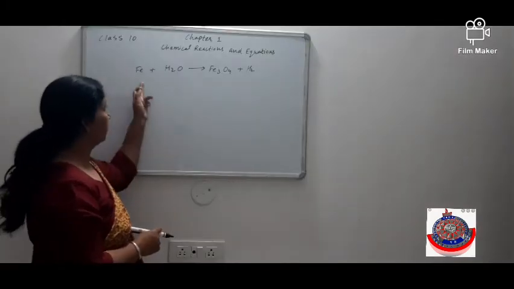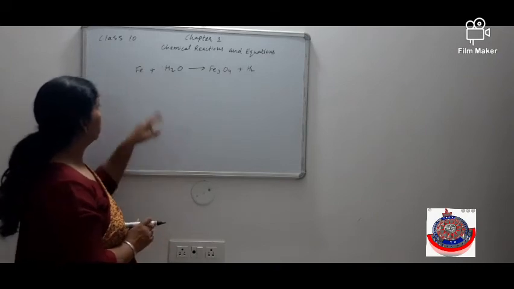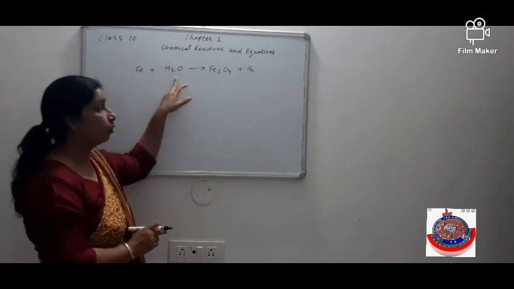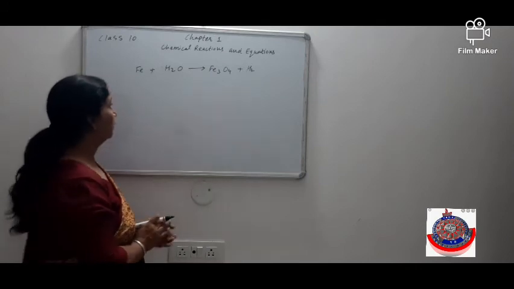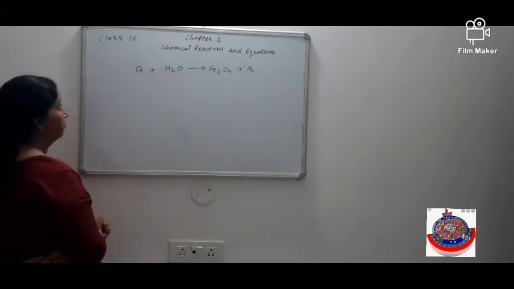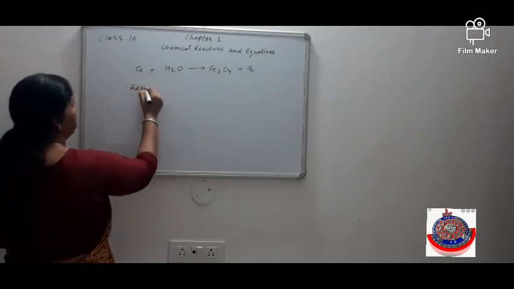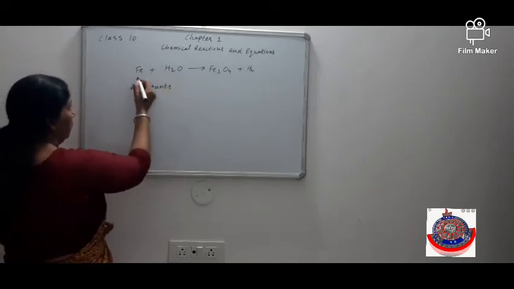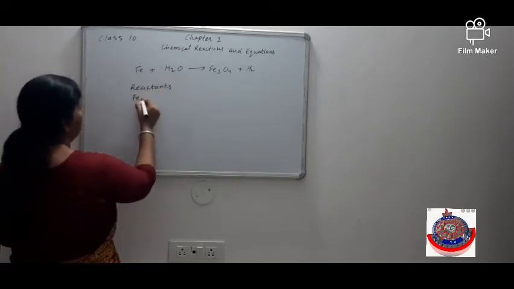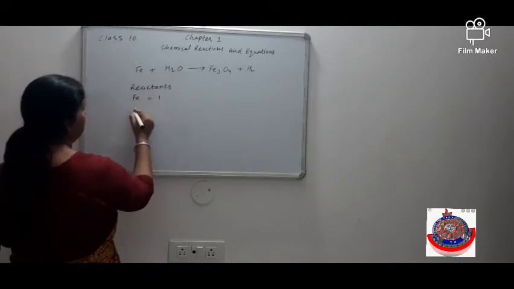Now students, we will take one more example of how to balance an equation. Iron plus water, they combine, they form iron oxide and hydrogen. Start, balance this equation. Write reactants. Iron, the number of atoms of iron is 1.